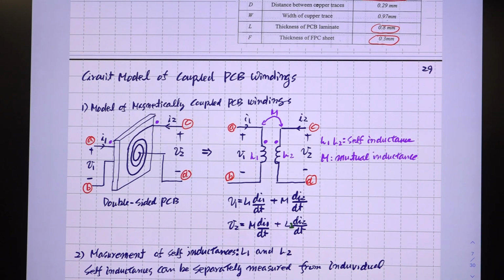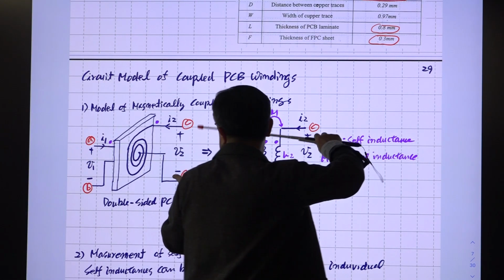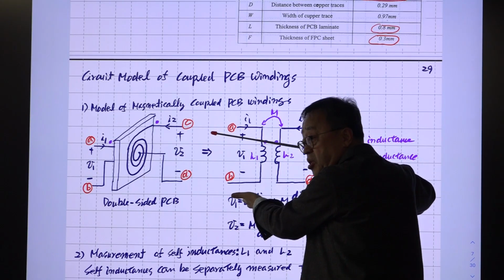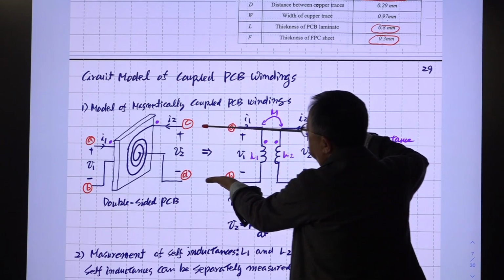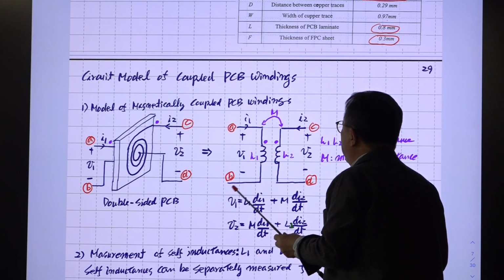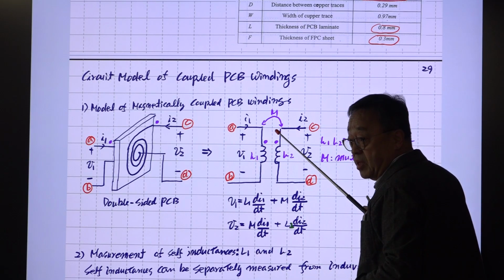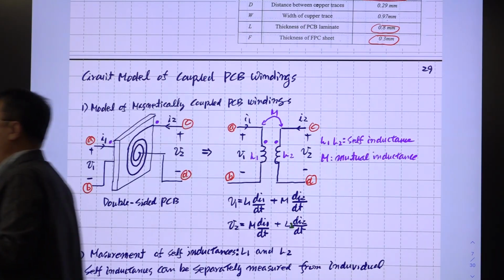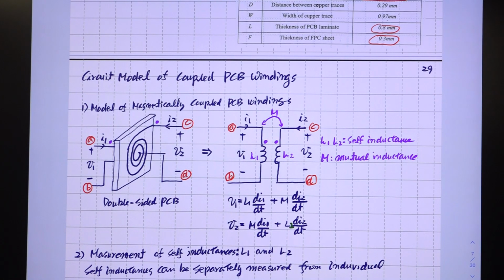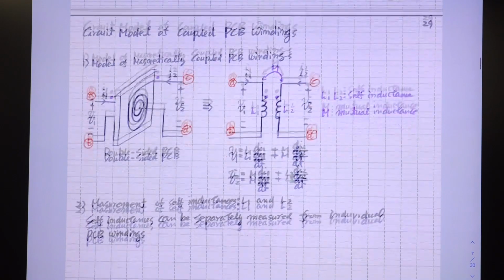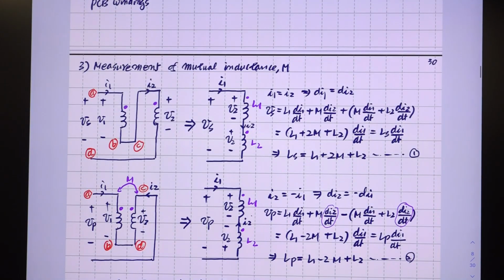L1, L2, they are very easy to measure. Just measure the inductance here, leaving the other winding open, using some LCR meter or an impedance analyzer. Then L2 is measured directly, and what you need to measure is this M. Right? There is a simple trick to measure this M. You make 2 different connections.